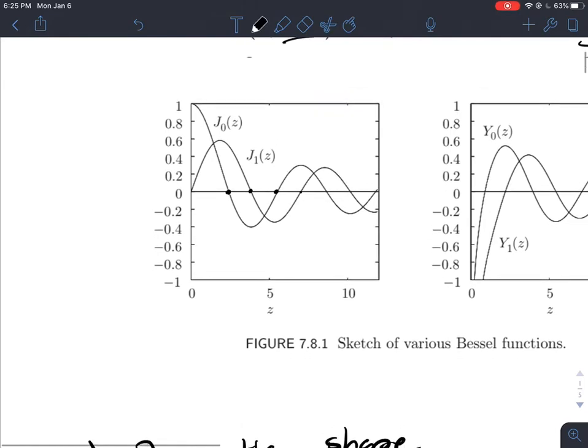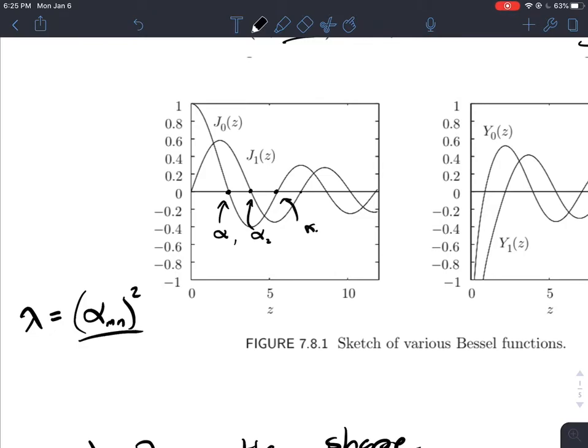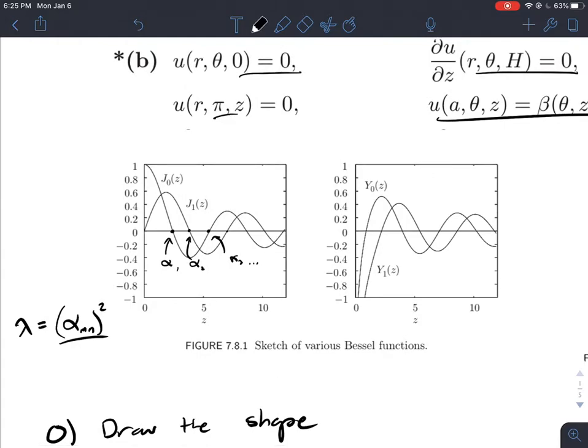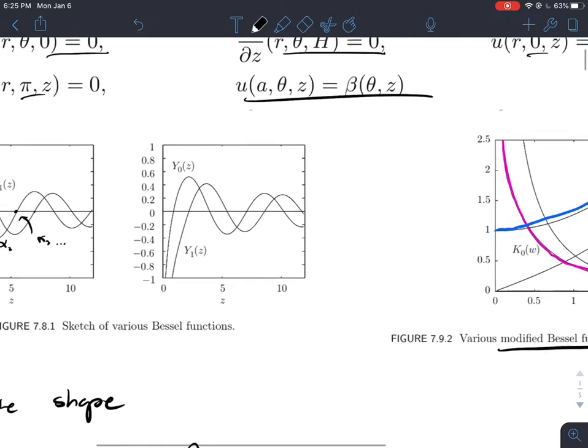I remember explicitly from the last problem that we did, a cylinder problem, that lambda was equal to alpha mn squared, where alpha mn corresponded to each of these zeros, so alpha 1, 2, alpha 3, blah, blah, blah. Because those lambdas were corresponding to the zeros of the Bessel function.